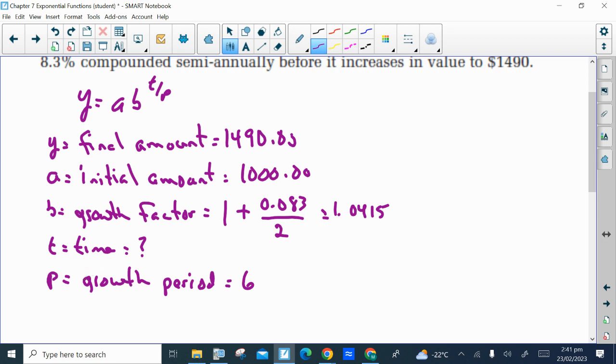So when we find our T value, once again, it will be in months. But first, we'll write our equation out. Y is 1,490, and that will equal 1,000 times 1.0415 to the power T over 6.